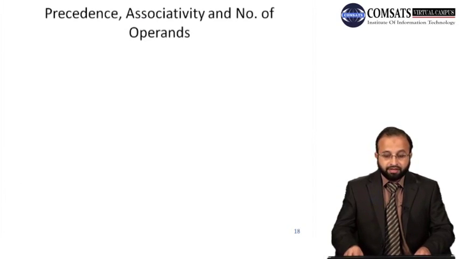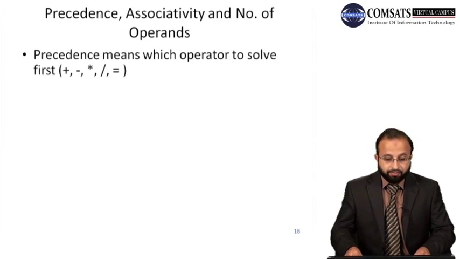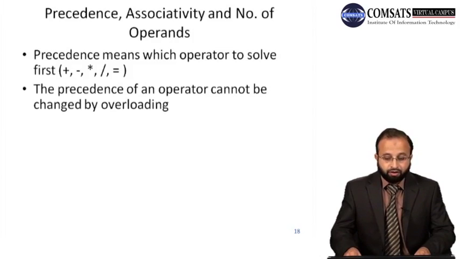Now precedence, associativity, and number of operands. Precedence means which operators to solve first. We have seen this in the previous course, that if we have multiply, divide, mod, plus, minus, equal operators, then which operator should be solved first. So precedence means the priority of the operator, right? The precedence of an operator cannot be changed by overloading.